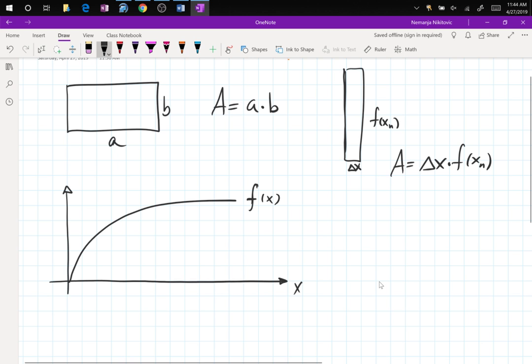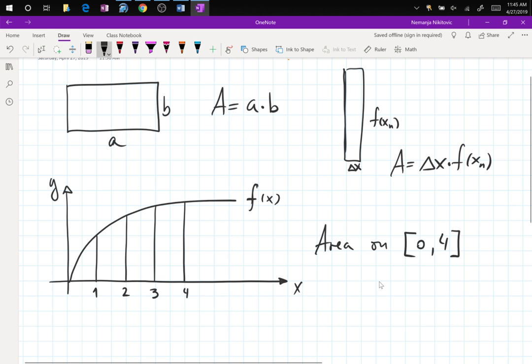Well, we have to build up to the exact. So what I'm going to do is break the area underneath into these strips. And let's say I do that at 1, 2, 3, and 4 because I want to know the area on interval 0 to 4. Let's say that's my goal.